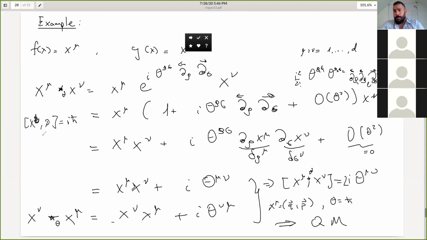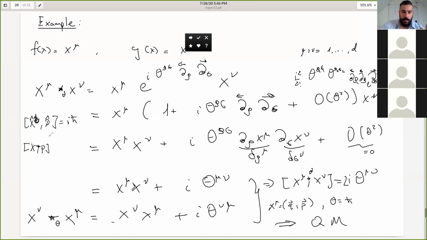So here there are operators, right, working on an infinite dimensional space. But what I can do by using this star Moyal product and by setting theta, the deformation parameter, equal to h bar, and the coordinates being the coordinates of the space and of the momenta, I get now.